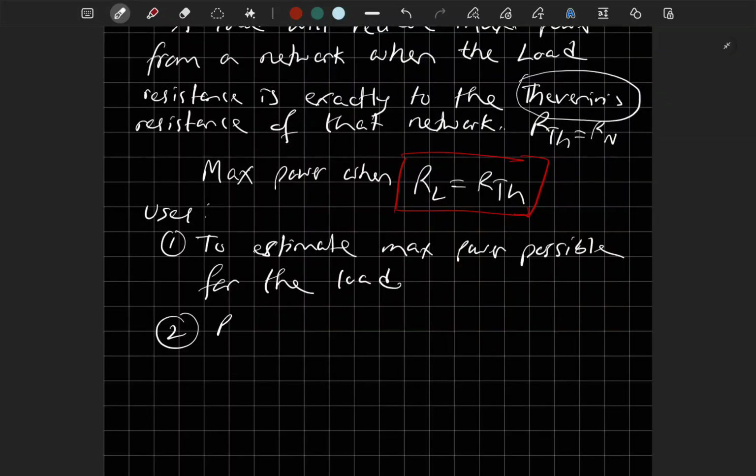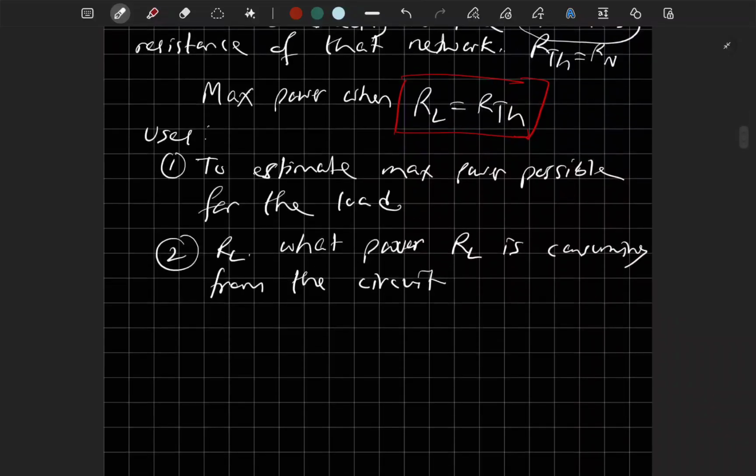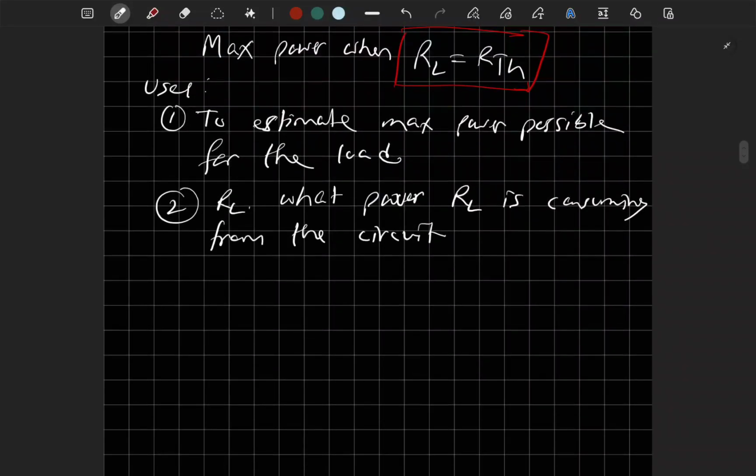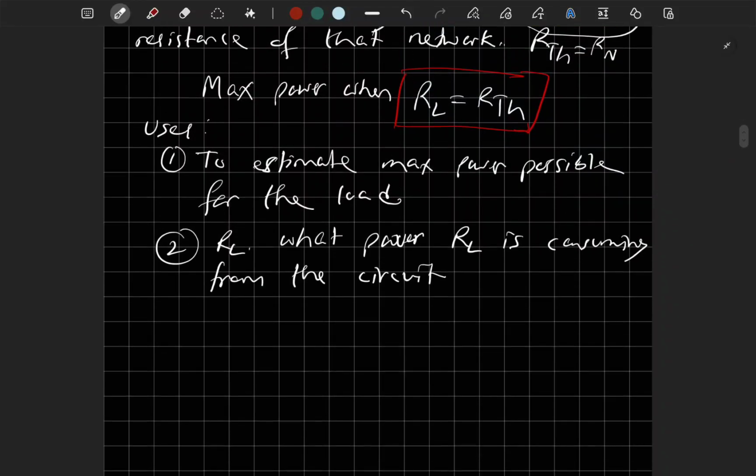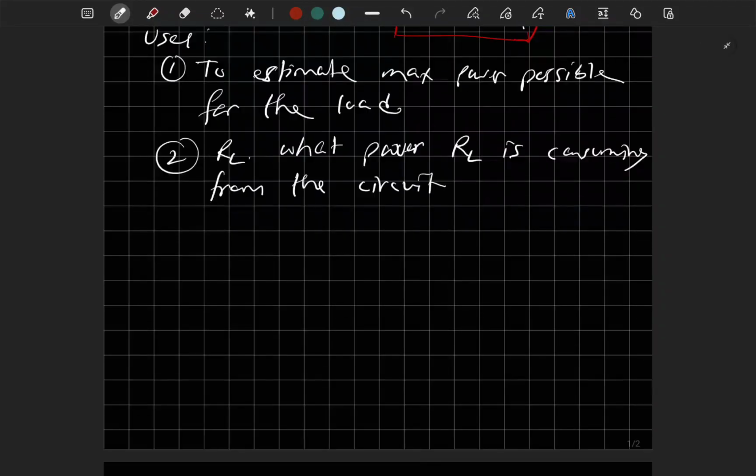So if we are given RL, then we can determine what power RL is consuming from the circuit. So these are the uses of the max power transfer theorem.